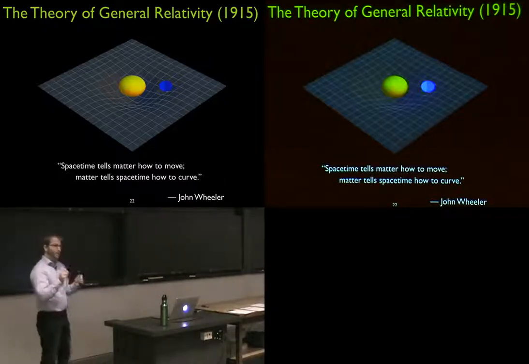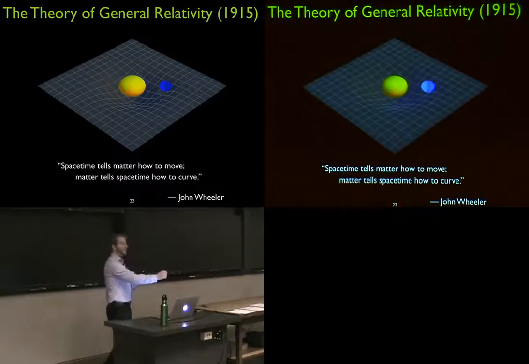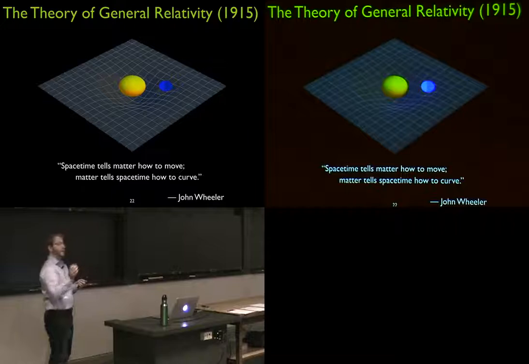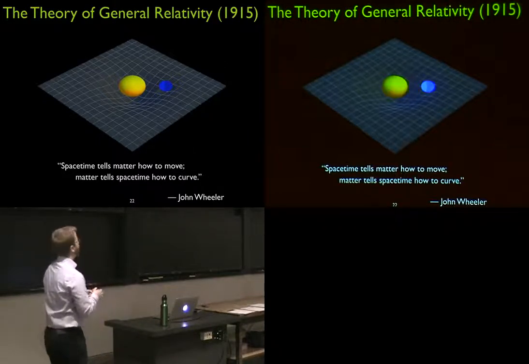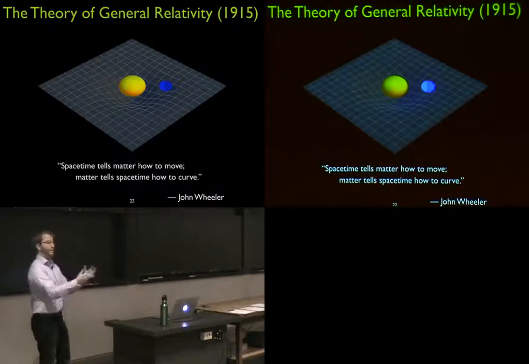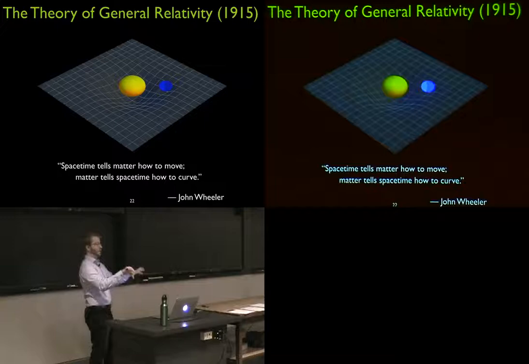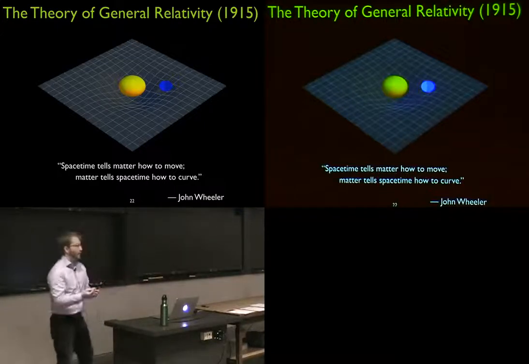If you have a marble traveling on that flat sheet, it will move in a straight line. That's equivalent to going out into space, away from any massive object, throwing a baseball, and having it travel in a straight line. Now, if you put something massive on that fabric sheet, it causes a curvature. Put a bowling ball on a rubber sheet, it's going to curve the rubber sheet, and it's going to change the path of motion of that marble when you roll it again.